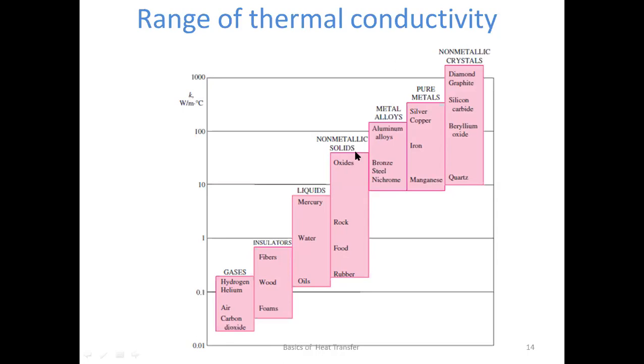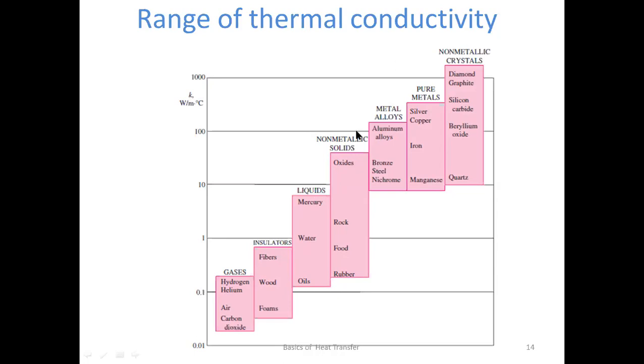And this is the non-metallic solids, range of liquids, insulator and gases. Now carefully observe here, these are the solids, again this is the liquid and this is the gas, means the thermal conductivity will be there in liquids as well as gases and obviously solids. You should not have any misconception that there is no thermal conductivity in case of liquids and gases.